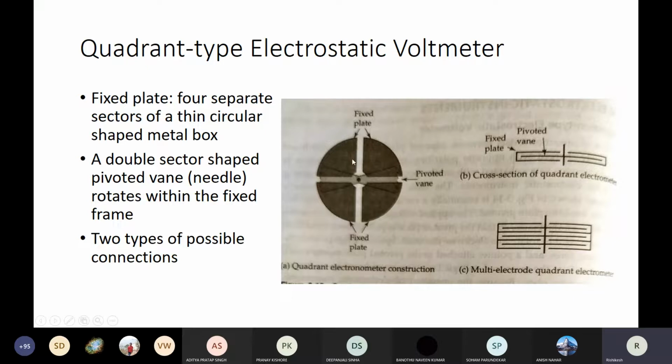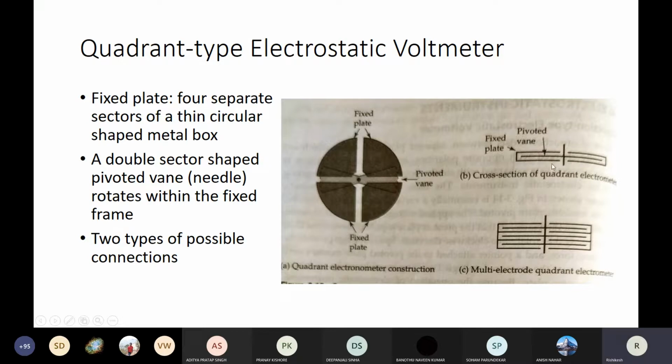These are 4 discs. This is a top view of the instrument; from the side view it looks like this. The internal portion is hollow and consists of air.